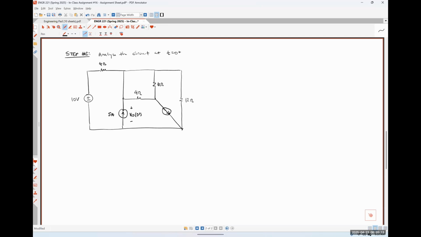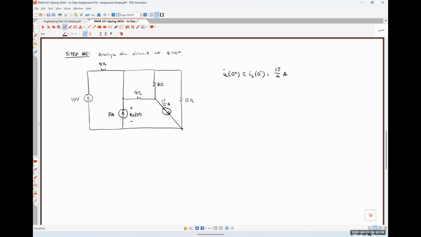Its value will be the exact same value as we had at t equals 0 minus, which is 15/4 of an amp. So IL at 0 plus must equal IL at 0 minus, 15/4 of an amp, which is where that current source comes from.